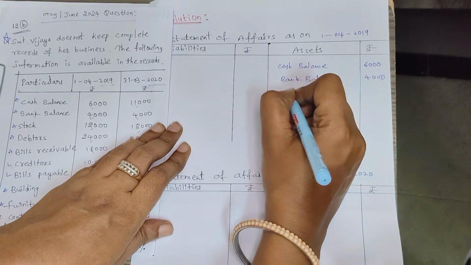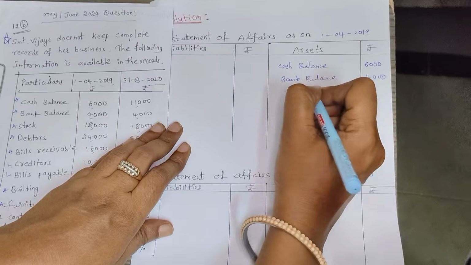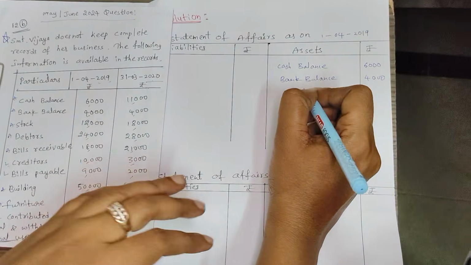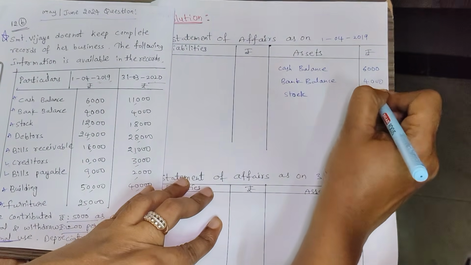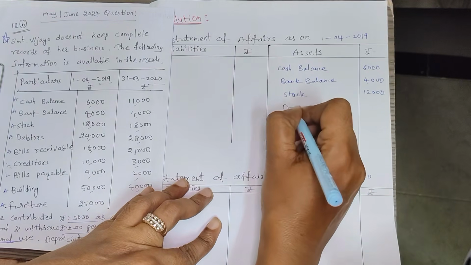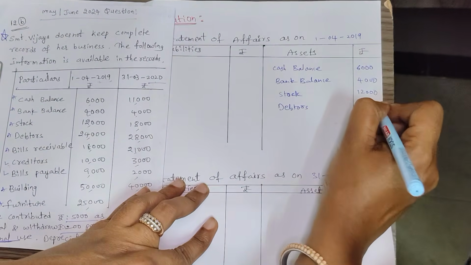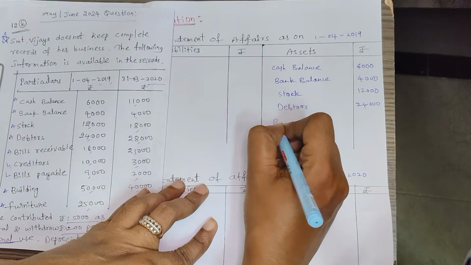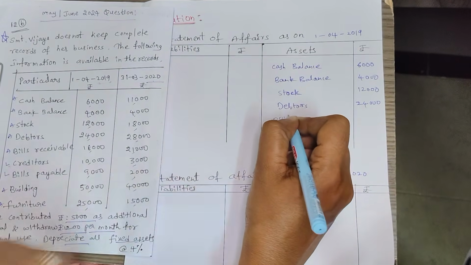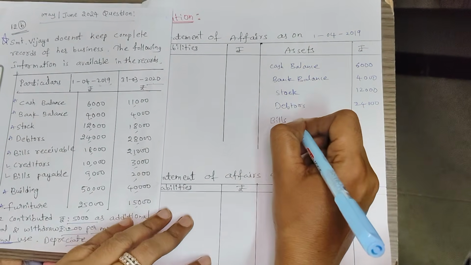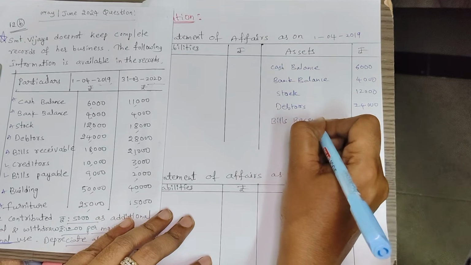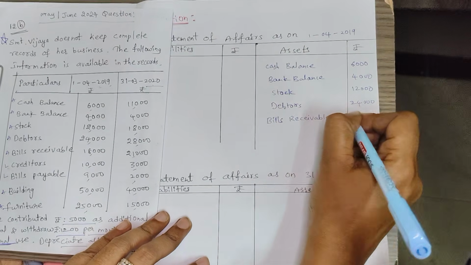4,000. Stock 12,000. Debtors 24,000. Bills receivable 18,000.